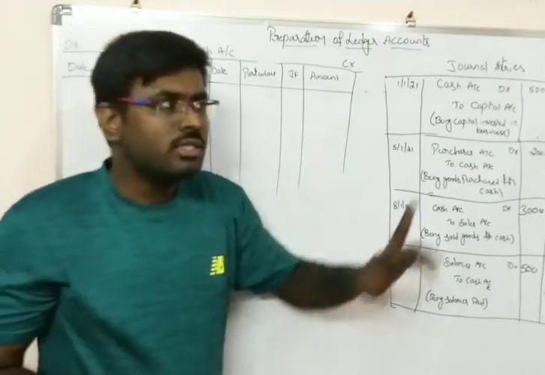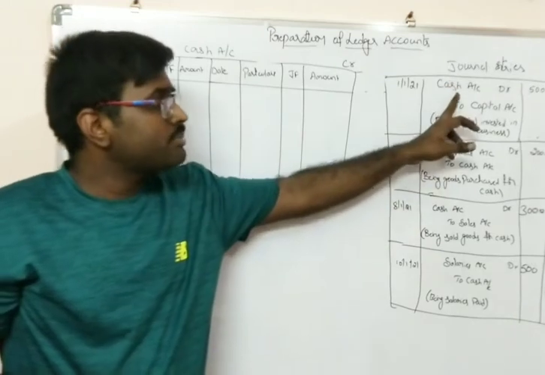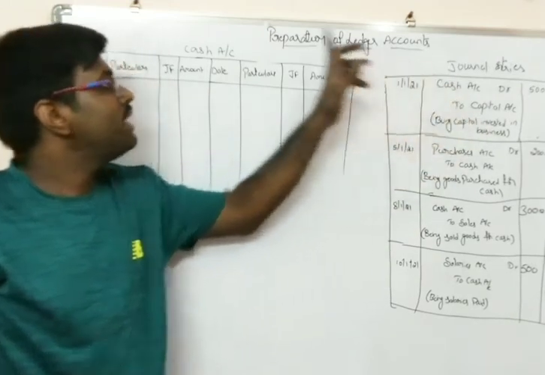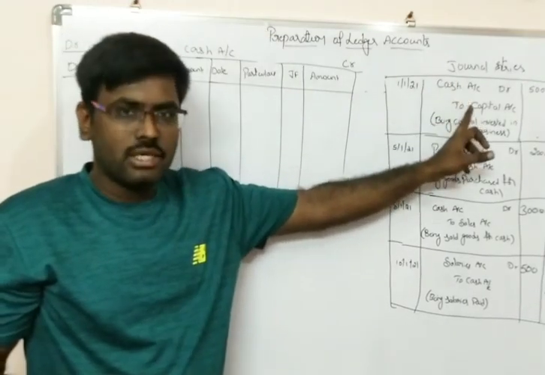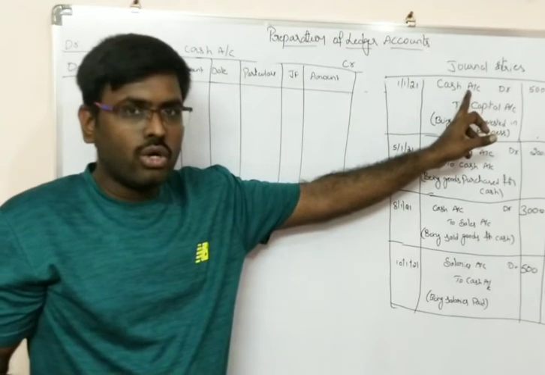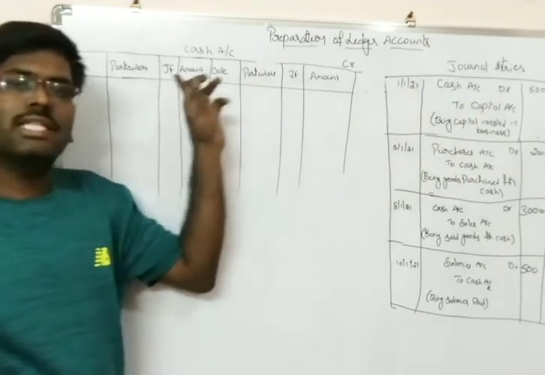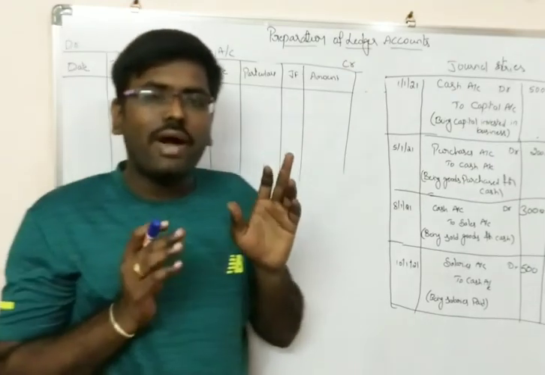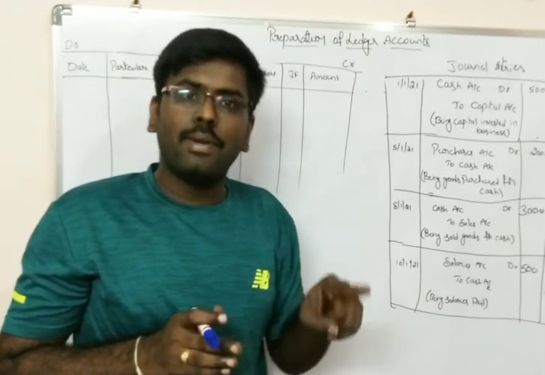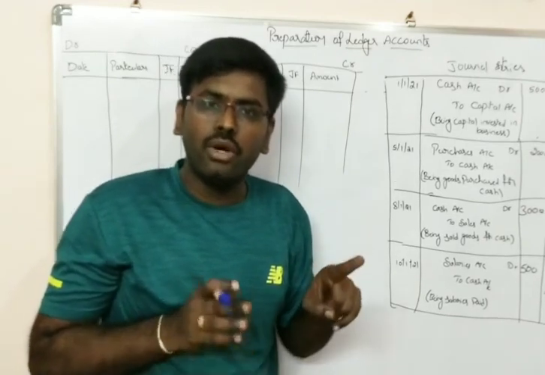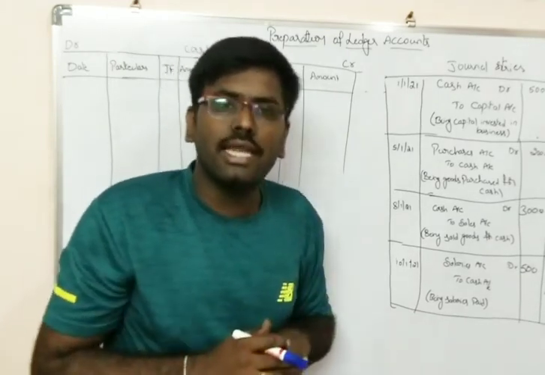Now how should this entry be posted? Out of the 2 entries, the cash account is ignored, and the opposite entry should be recorded in the ledger account. Whatever ledger account you are preparing, out of the 2 journal entries, that account is ignored and the opposite entry is considered to be posted in the ledger account.